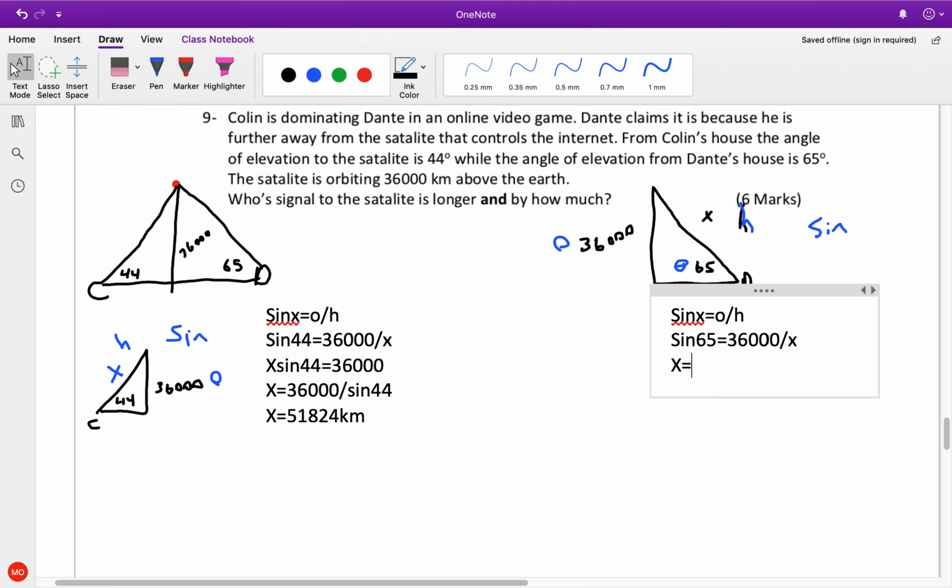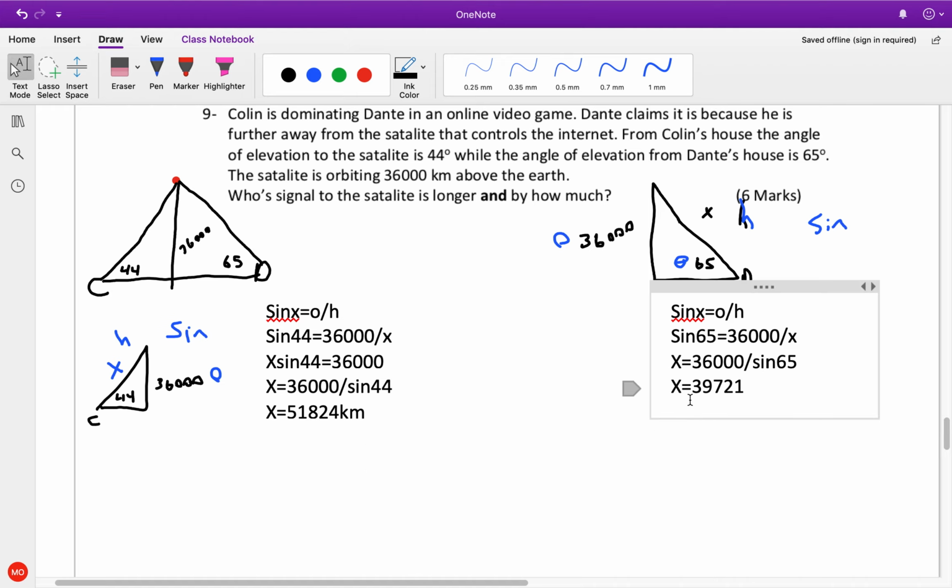So x equals 36,000 divided by sine 65. So what does that equal? Plug in our calculator, we get 39721. Now we want to know who's closer by how much.